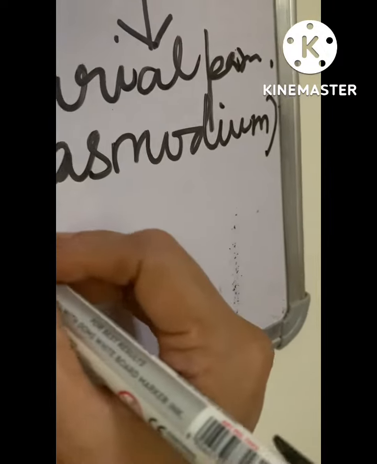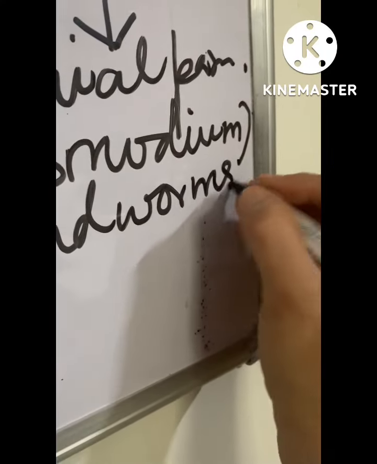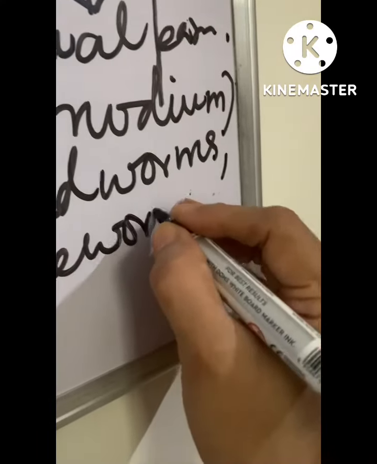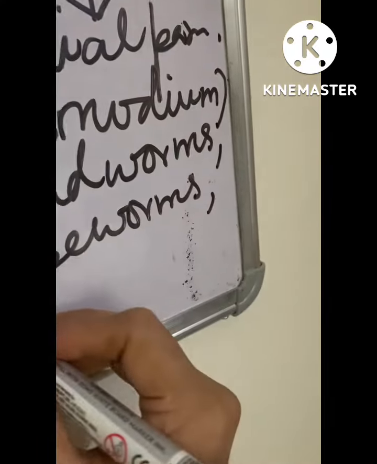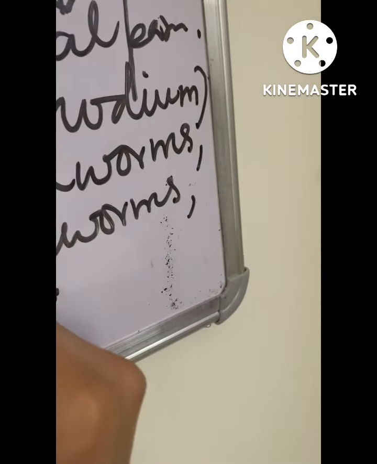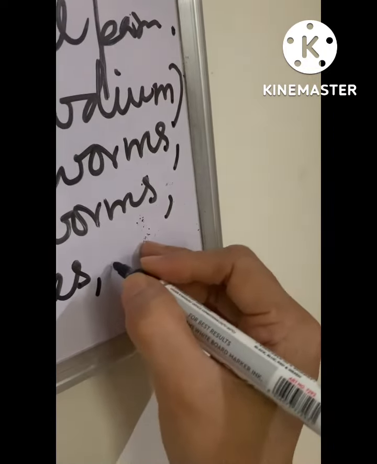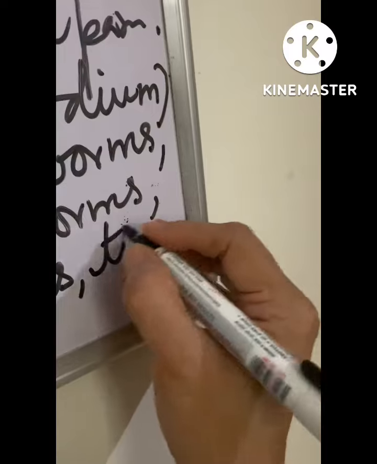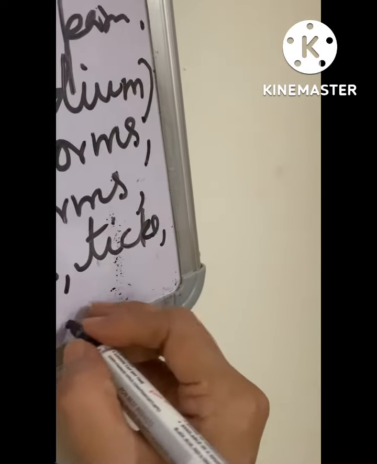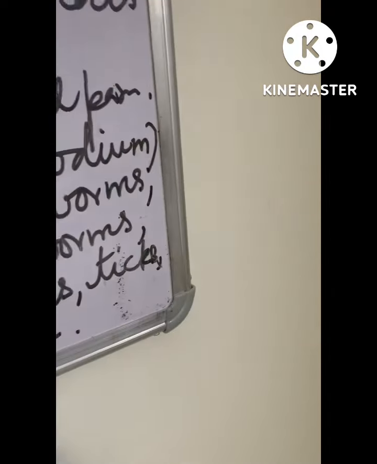Examples are roundworms, tapeworms, and there are leeches. Roundworms and tapeworms live inside the gut, and leeches, ticks and lice live on the body.